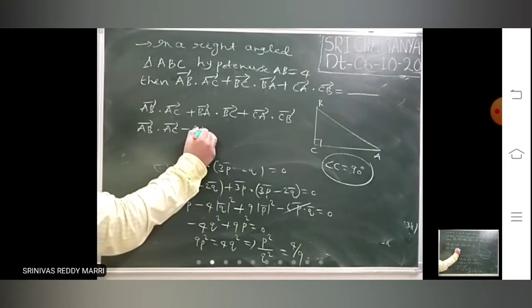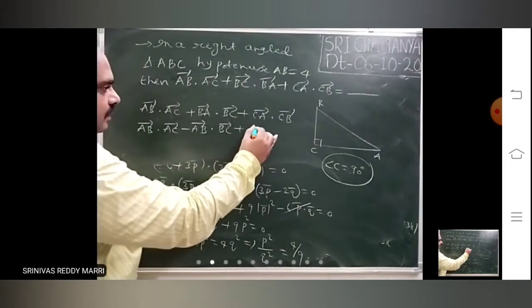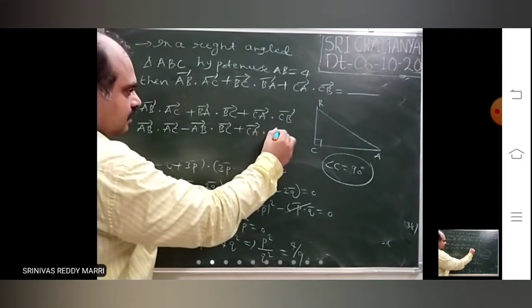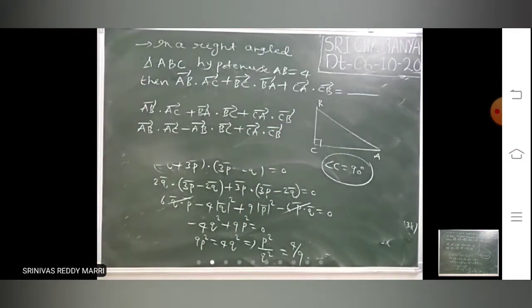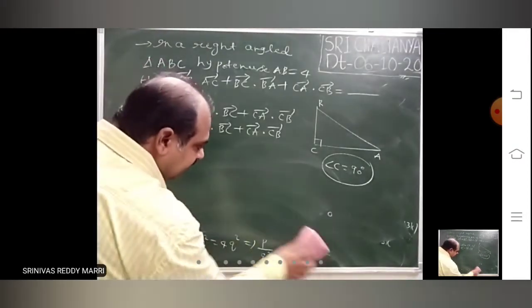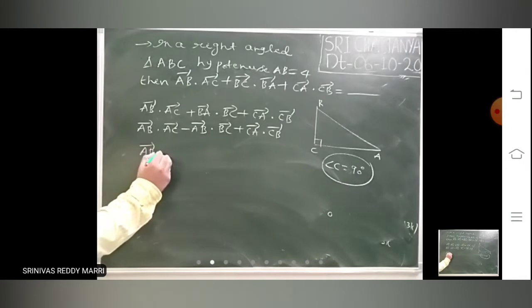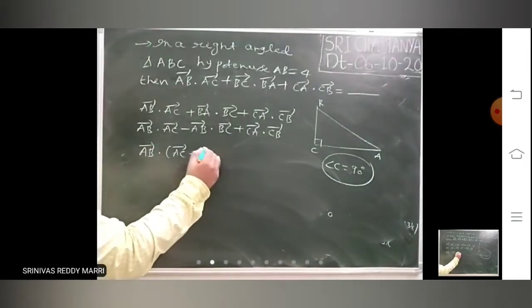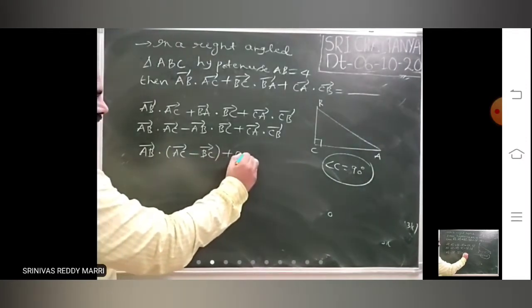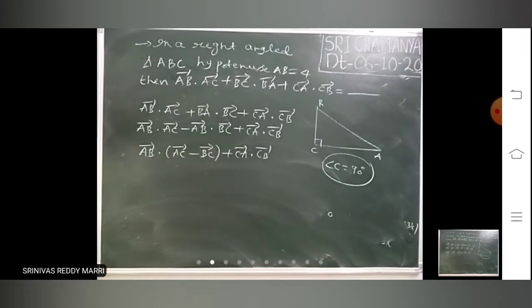This is minus this. Now look at AB bar is common. In dot product, you can take common. Take common AB bar vector dot (AC bar minus BC bar) plus CA bar dot CB bar.